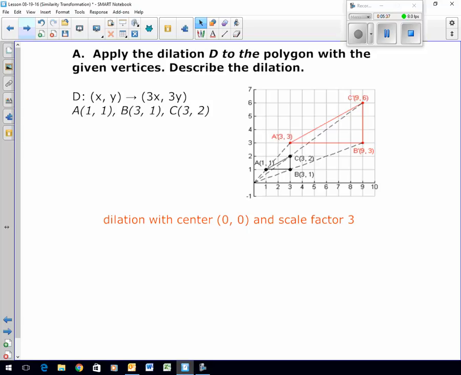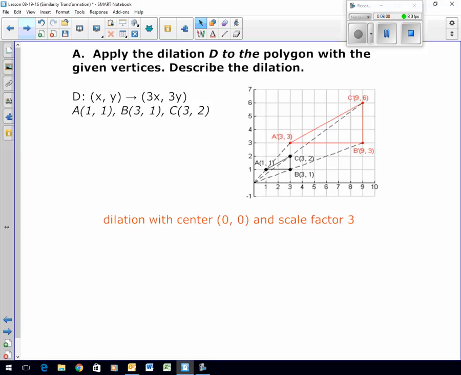Look at this example here. Apply dilation D to the polygon with the given vertices. Describe the dilation. I did this one in your warm-up, partially. From the original coordinates of x, y, I want you to multiply each coordinate by 3. What scale factor am I using? 3.